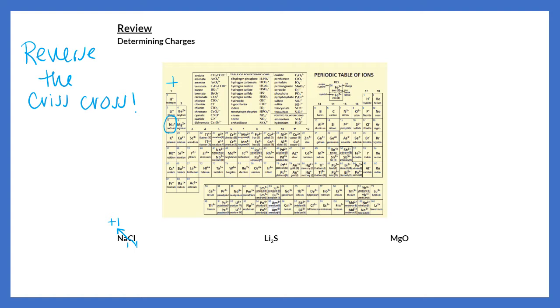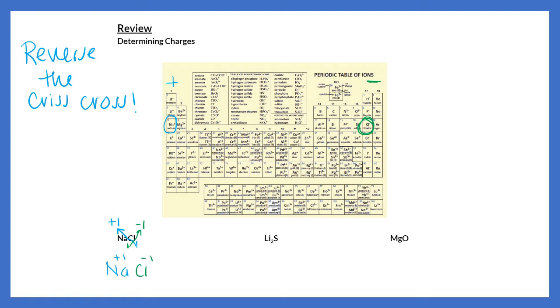And then the 1 next to sodium, sorry guys, is going to reverse crisscross up, and that means chlorine has a -1 charge. Chlorine is here on the periodic table. You can see it takes a negative charge, and it takes a negative charge because it is a nonmetal. So that means sodium has a +1 charge. Chlorine has a -1 charge.